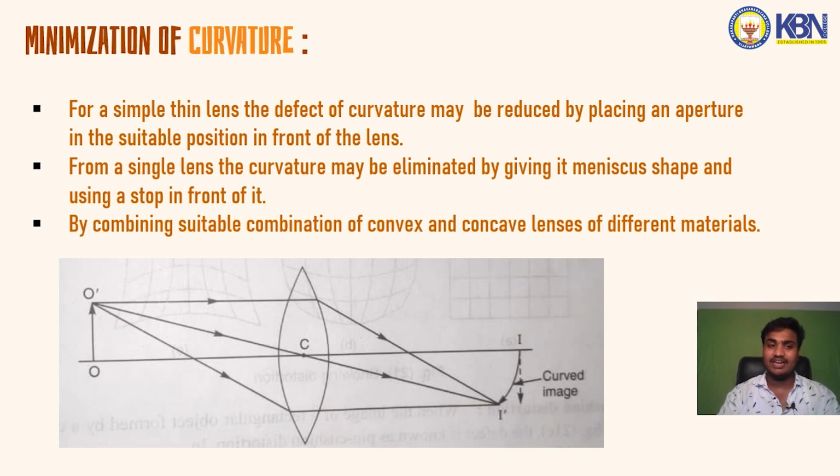For a single lens, the curvature may be eliminated by giving it a meniscus shape and using a stop placed in front of it. The curvature can also be reduced by combining a suitable combination of concave and convex lenses of different materials. These are the methods by which we can minimize or eliminate the curvature.